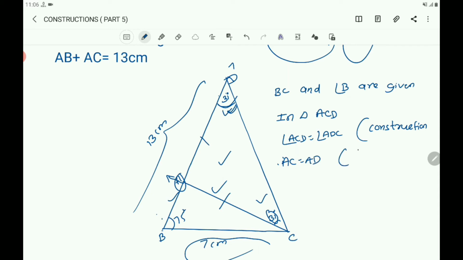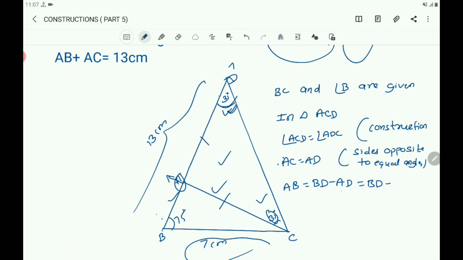Why? Sides opposite to equal angles. And you know that AB equals BD minus AD, that equals BD minus what?